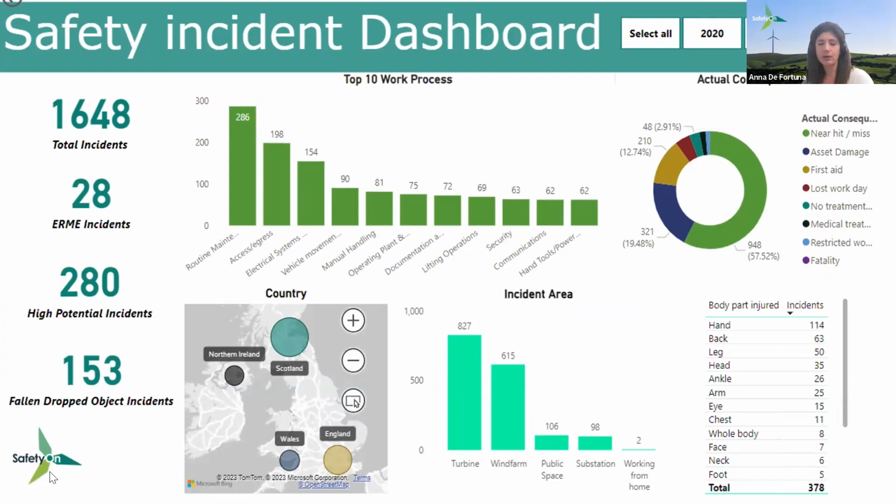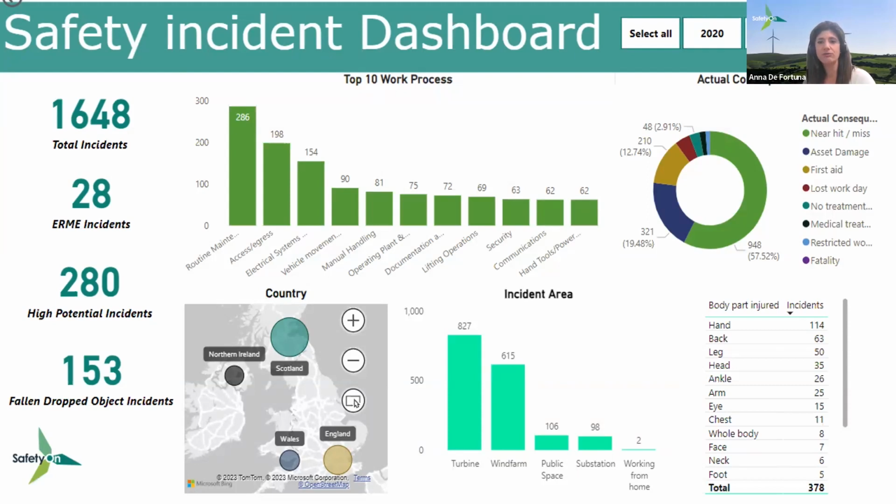So if you were to go onto the website and on this incident data dashboard, click on Select All, this is what you would see. And what you can see is that SafetyOn started collating its data in 2020, and that this is showing the data from 2020 to the end of 2022.